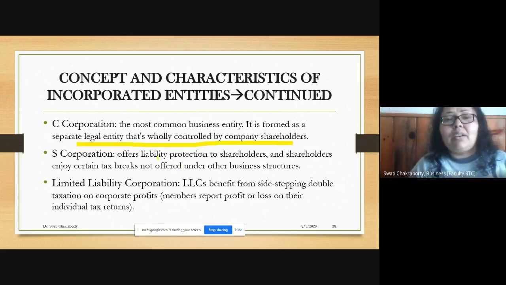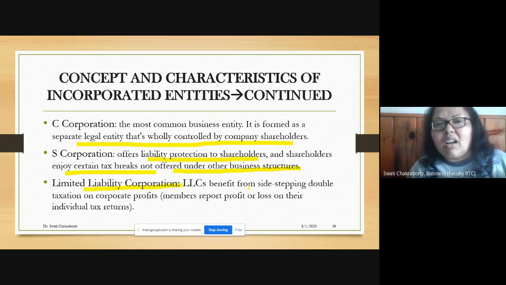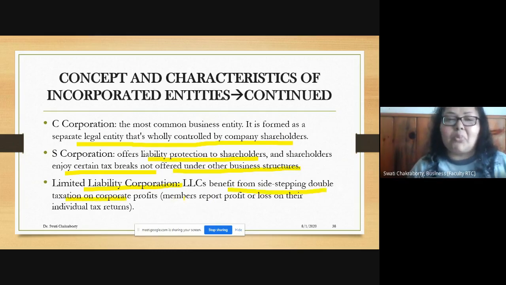S corporation offers liability protection to the shareholders, and shareholders enjoy tax benefits which are not offered under other business structures. Limited liability corporation, you can avoid double taxation on corporate profits.